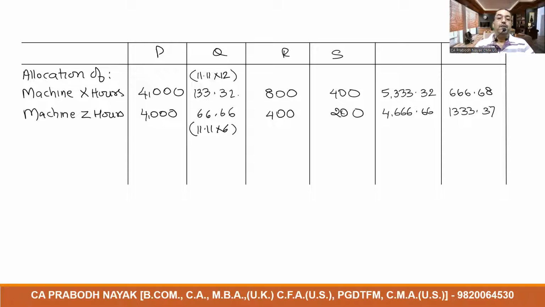So you have done the question, that is part 2 and part 4 together. Part 4 asked for spare capacity, so you have done both together. Allocation of hours you have done, and along with that the calculation of spare capacity.